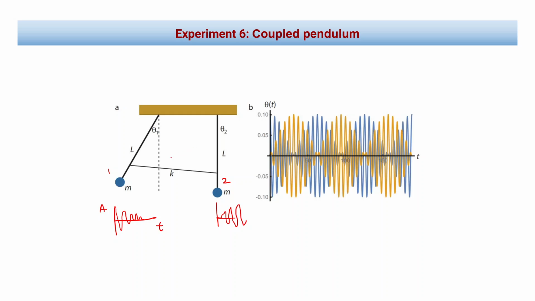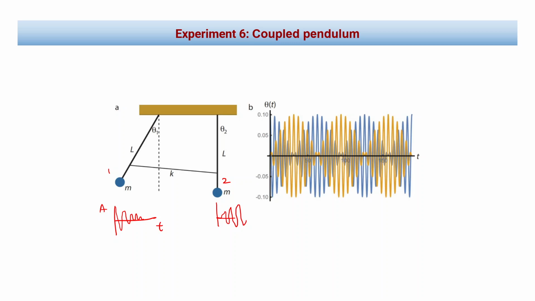What this shows is that there is energy exchange from one pendulum system to the other because they are coupled, and this particular condition is resonance. Okay, so this was the experiment that was performed.